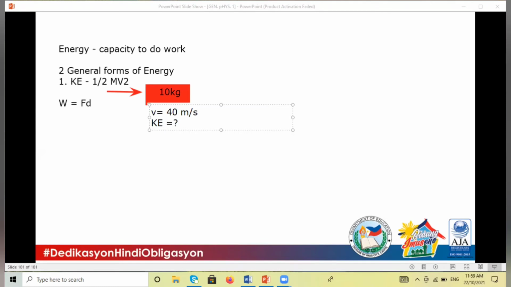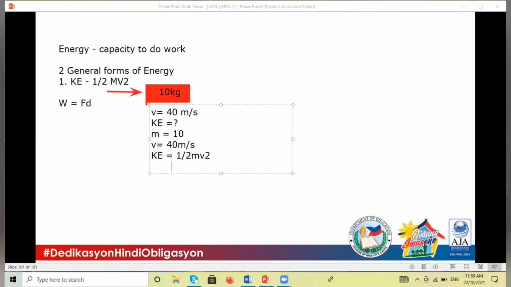So you have mass is equals to 10 kilograms. The velocity is equals to 40 meters per second. And your kinetic energy is equals to 1/2 mv squared.